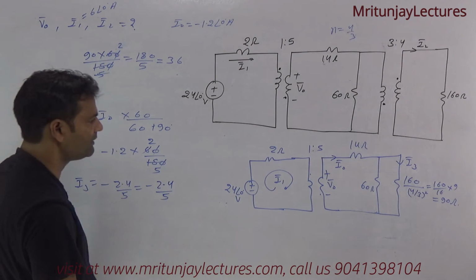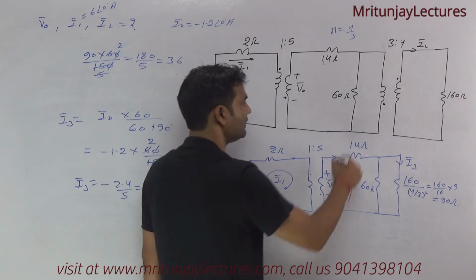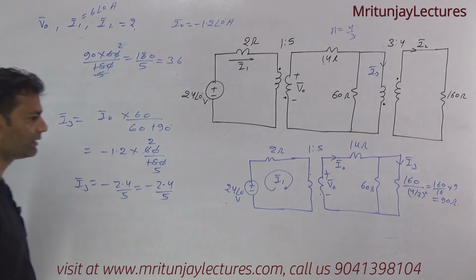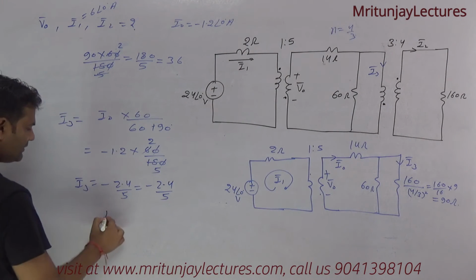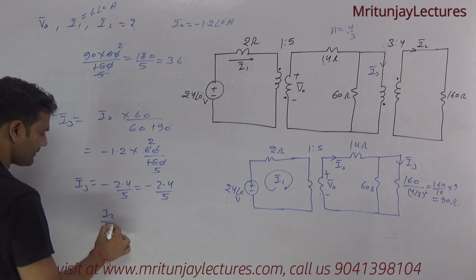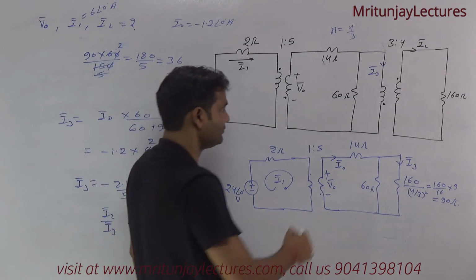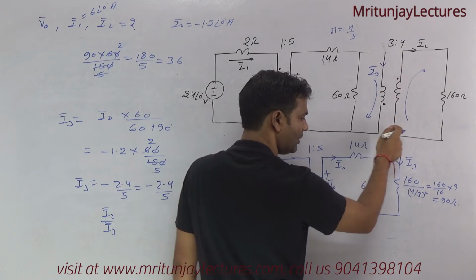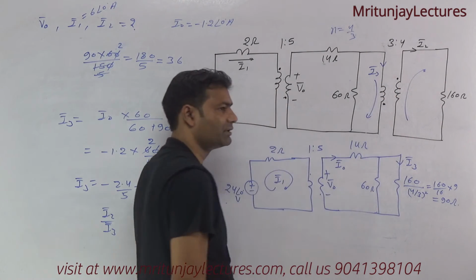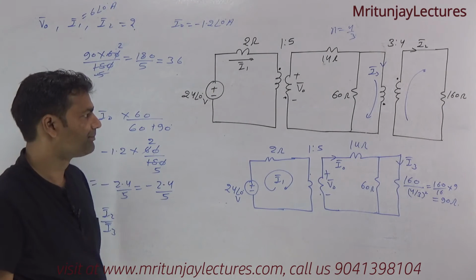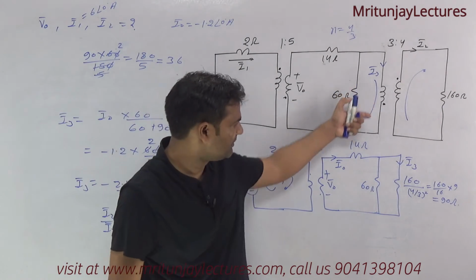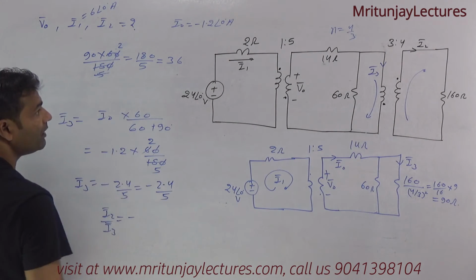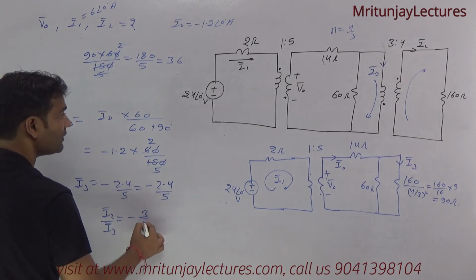Now our next target: this one is I3. What about I2? Again, the relation between I2 and I3, I2 divided by I3. The directions of I2 and I3 are like this: outgoing, leaving the terminal, and this one is also leaving. So again this one is negative, and 3 by 4.